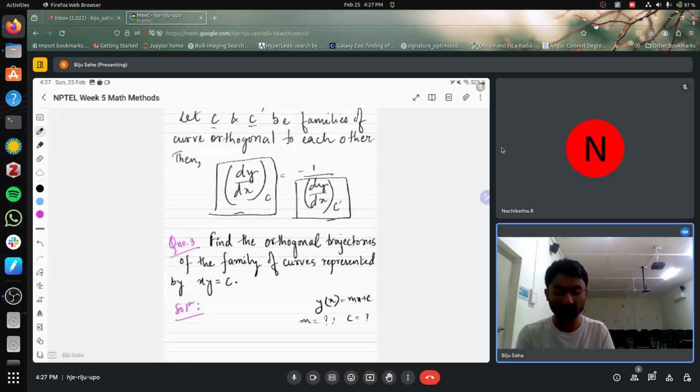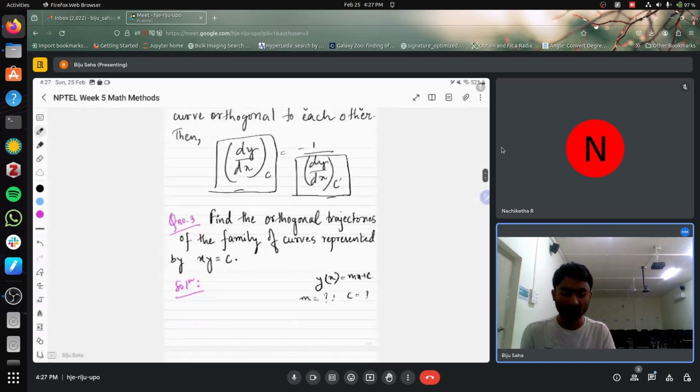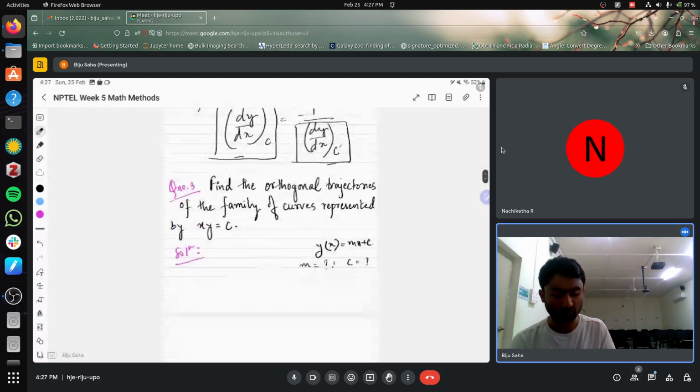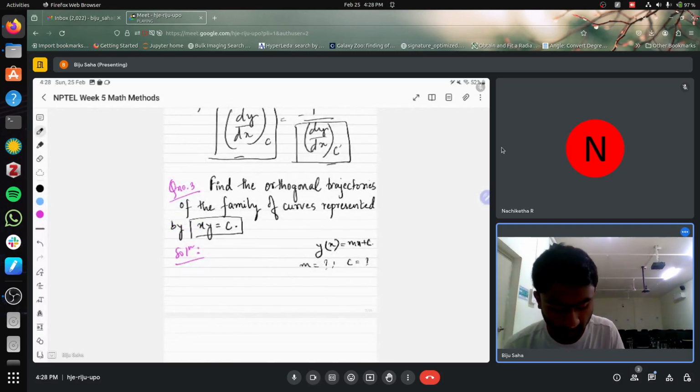They are to be connected through this relation. If they're connected through this relation, then the curves are orthogonal to each other. So we have a family of curves given by xy equal to c. Let's find the orthogonal trajectories of this family of curves.